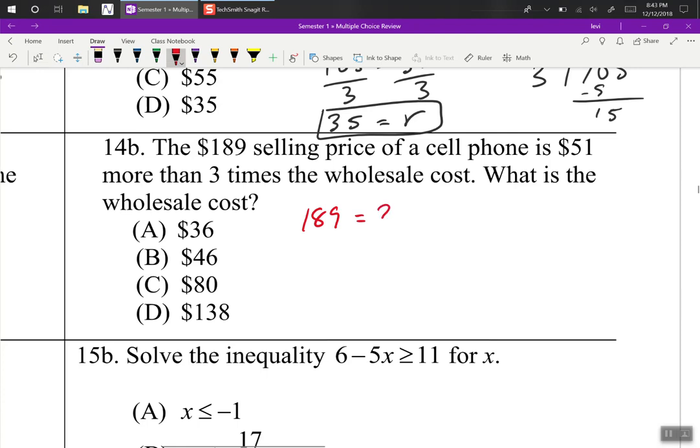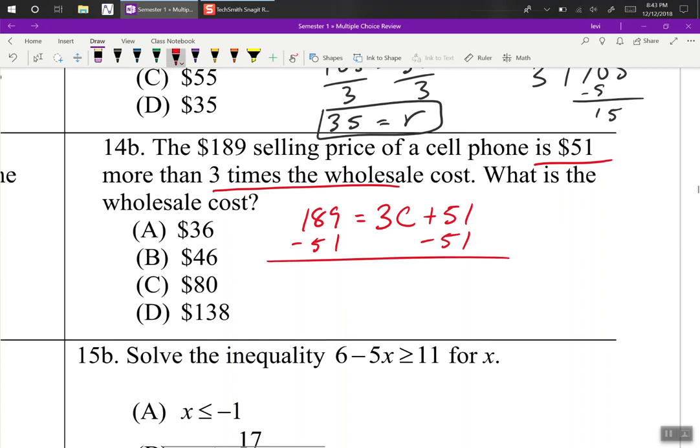So it would be 3 times the cost, 3C, plus 51. 51 more than means plus 51. So subtract 51, subtract 51. We get 138 equals 3C. Divide by 3, divide by 3.